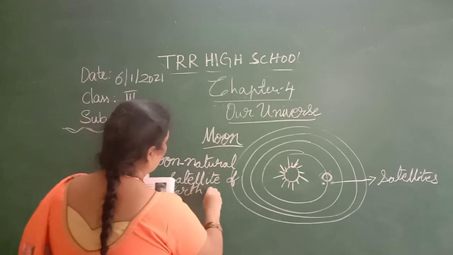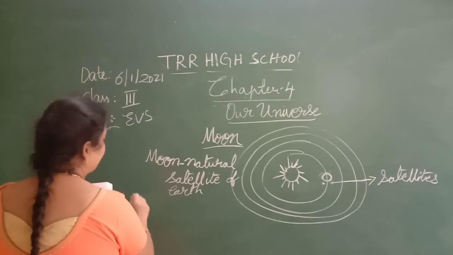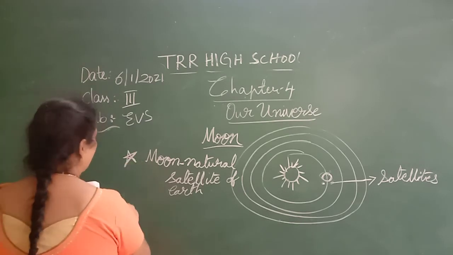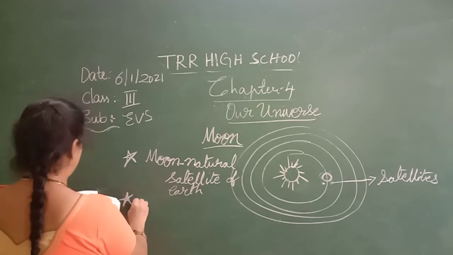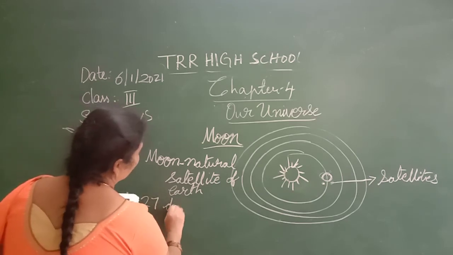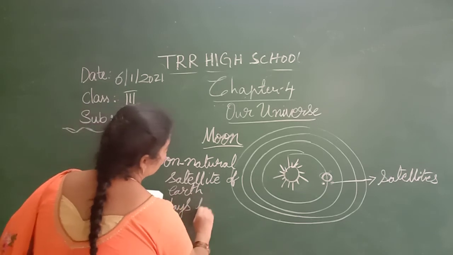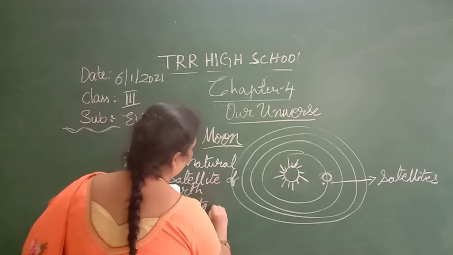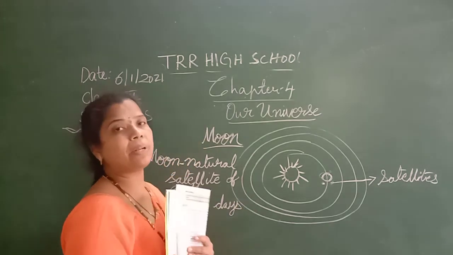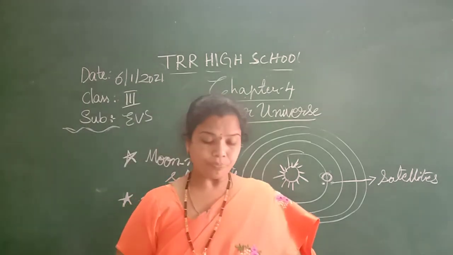Then, another important point: it takes 21 days to complete one circle.